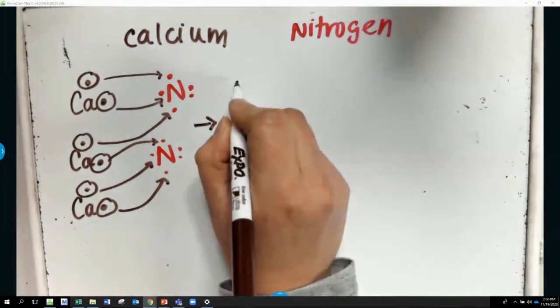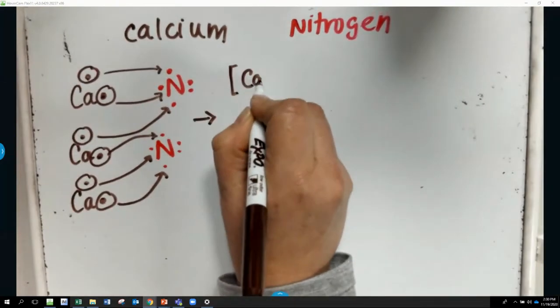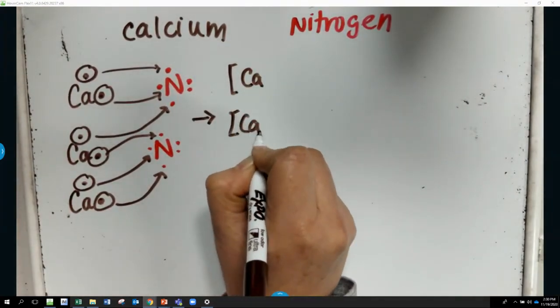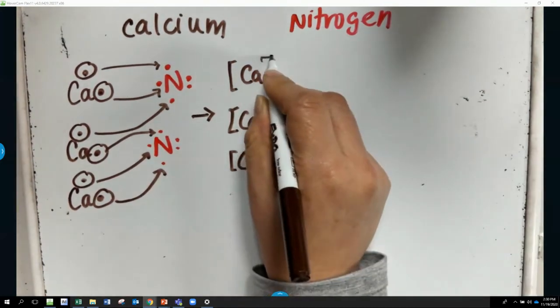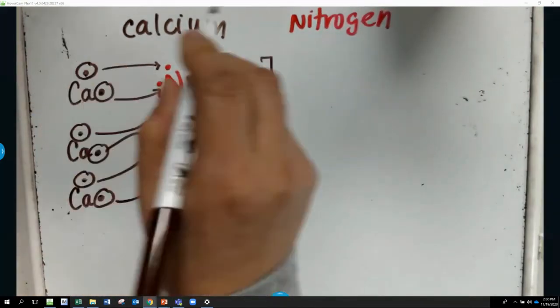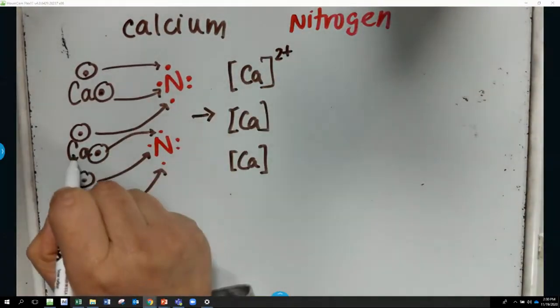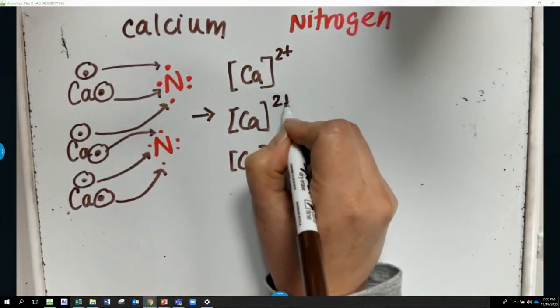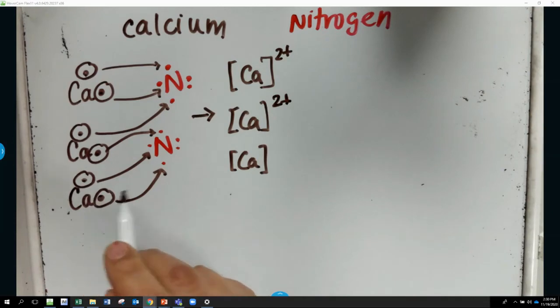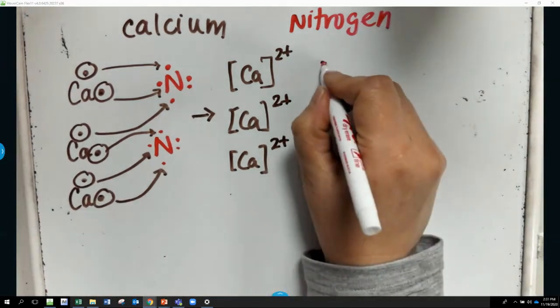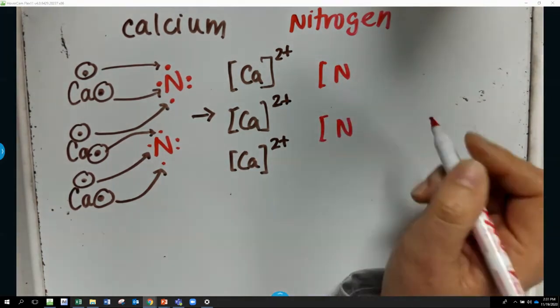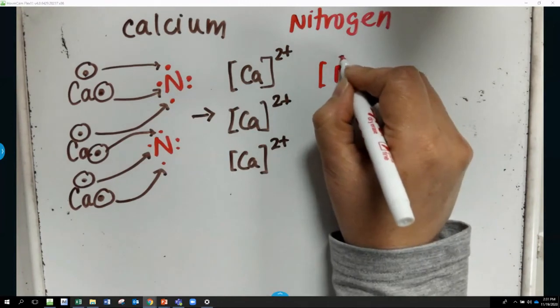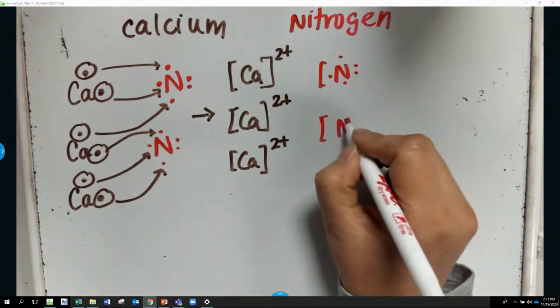So what does this look like? Well, we have 3 calciums. One, 2, 3. This one lost 2 electrons. This one lost 2 electrons. This one lost 2 electrons. Okay? We also have 2 nitrogens, and they've each started with 5 valence electrons.